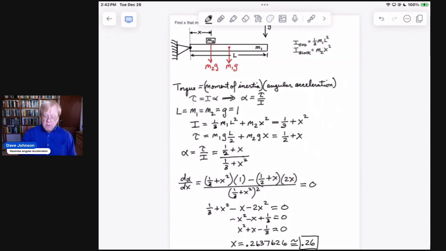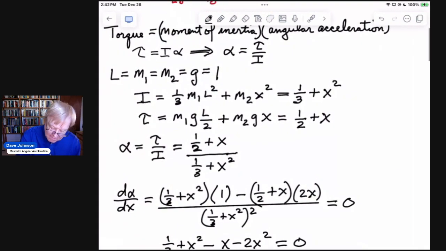If you're not convinced, let's go back and look at this alpha function. If x is 1, and I've done the calculation already, the alpha ends up being 1.125, if my arithmetic is right.